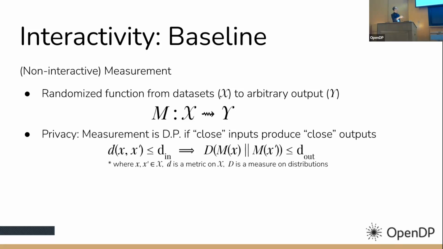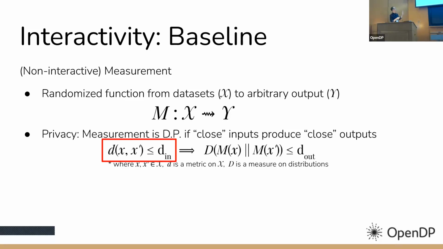So this here is the formalism that we use in OpenDP. You may see it's a little bit more abstract than you might be used to for the more traditional definition of differential privacy, but I can walk you through it in slightly more concrete terms to give you a reference point. We're talking about closeness here.